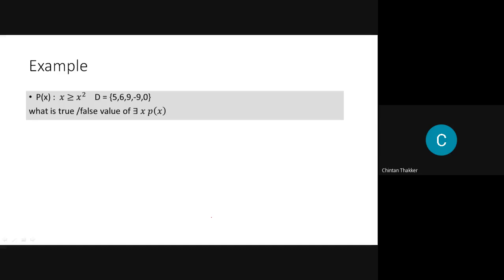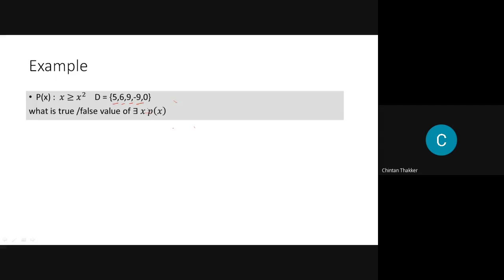Now for this example, if you take x equal to 5, then 5 is less than 5 square. 6 is also less than 6 square. 9 is also less than 9 square.